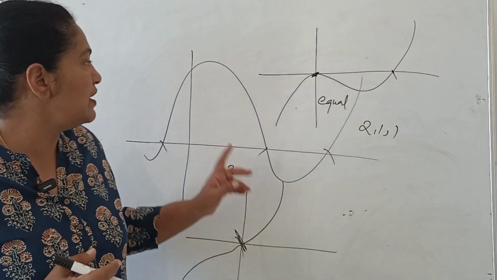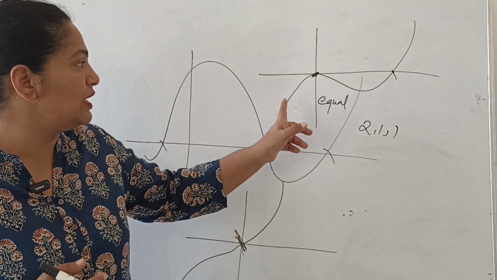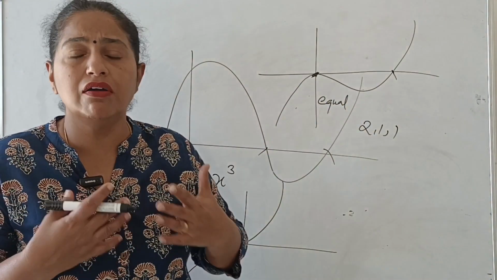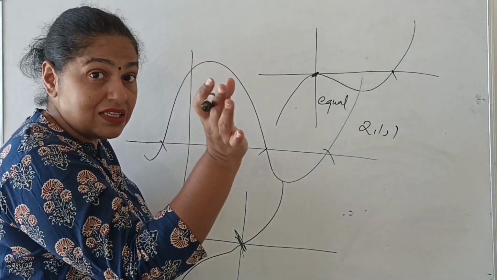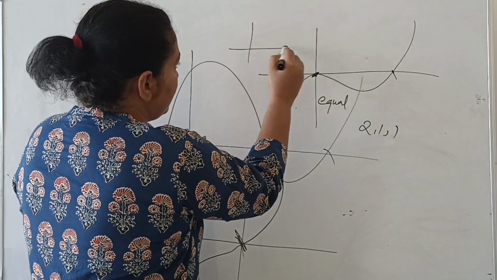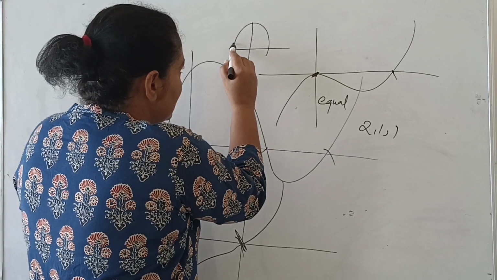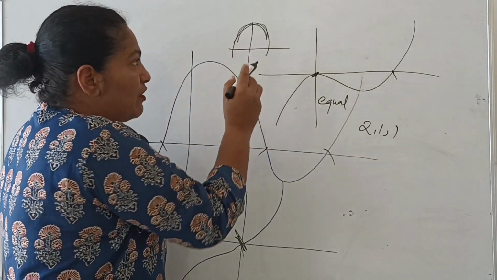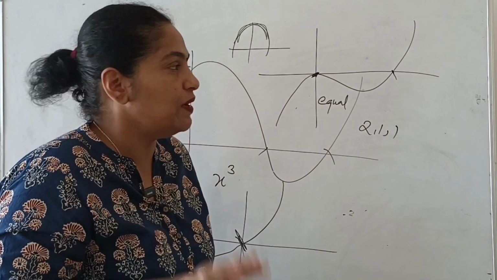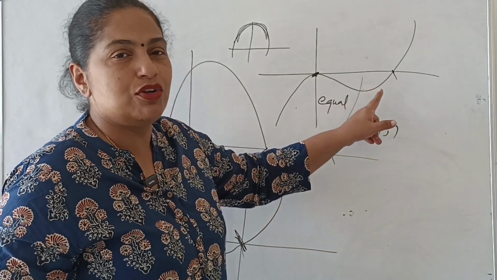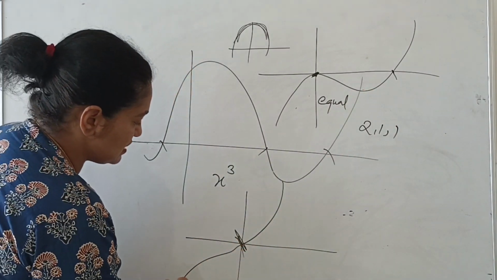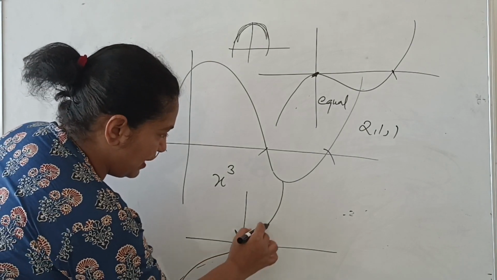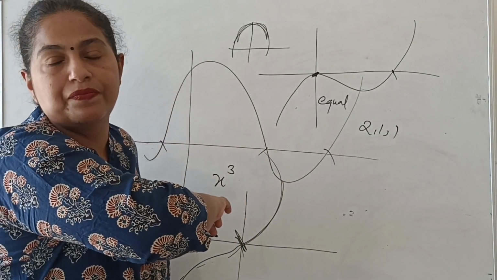Now, when you are given this particular graph, or let us say this particular graph, how will you identify this as a quadratic or a cubic? Look at the turn, the U part of it. For a quadratic, there will be only one U part. In the case of a cubic polynomial, there will be more than one U part. Like in the case of this, this is considered to be one U and then going upwards.